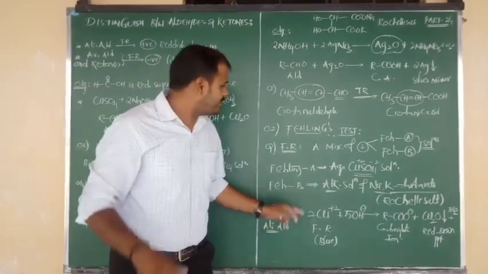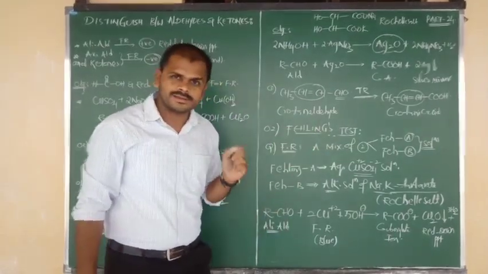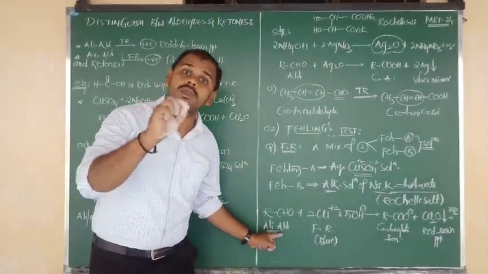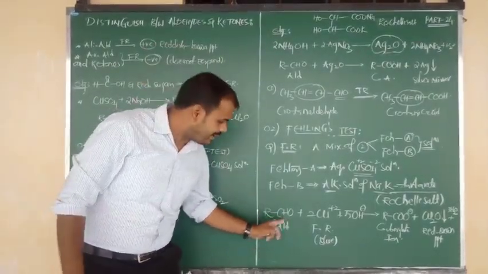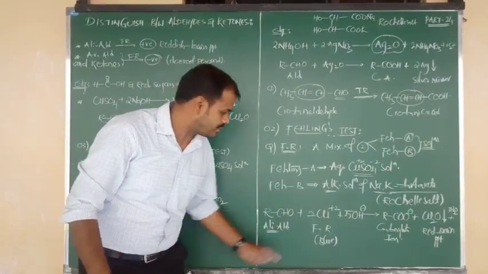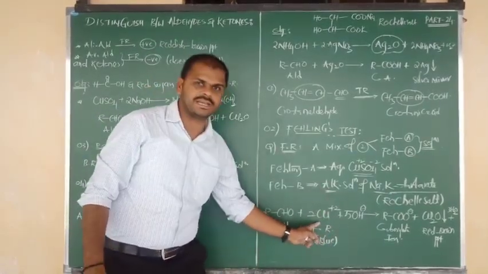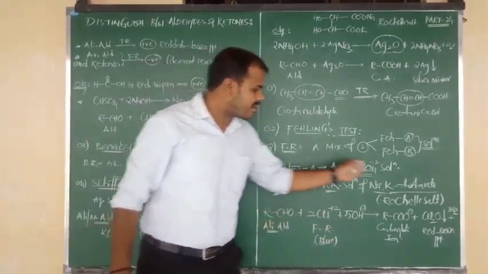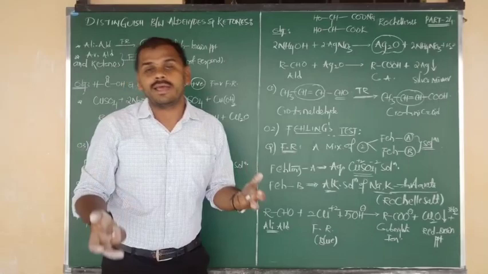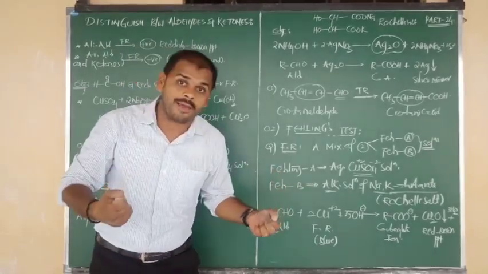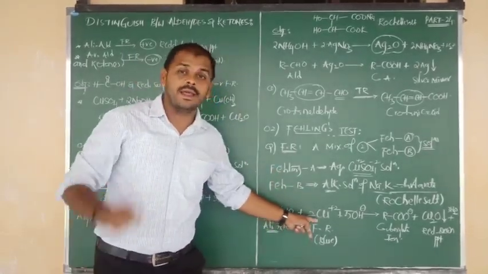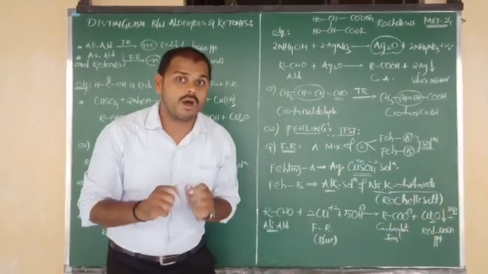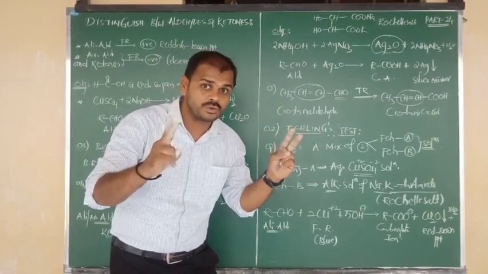The final touch in Fehling's test: as per the reaction, only for aliphatic aldehydes. Aliphatic aldehydes on reaction with blue Fehling's reagent in alkaline medium are oxidized into carboxylic acids, that is carboxylate ion, and Fehling's reagent gets reduced into cuprous oxide. You have to focus on these two things.